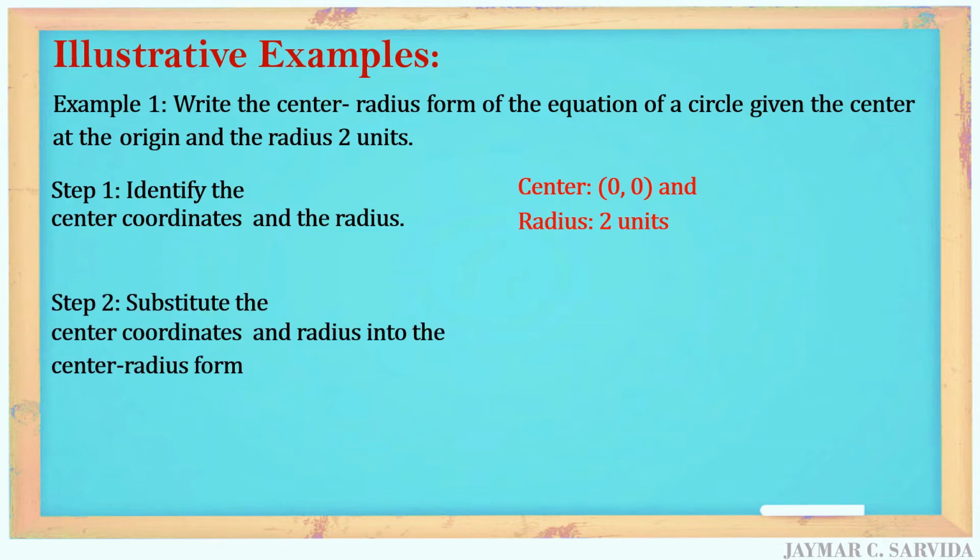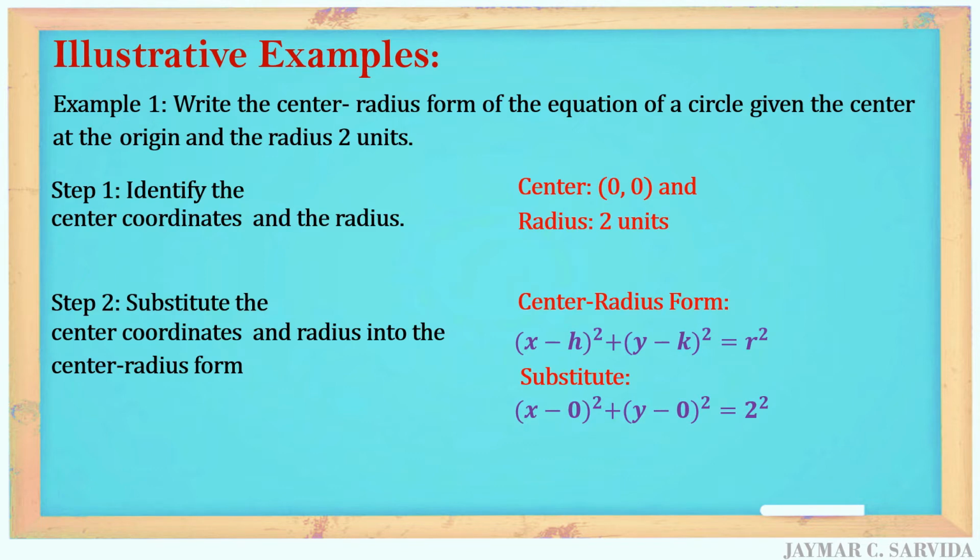Step 2, substitute the center coordinates and the radius into the center radius form. The center radius form is (x - h)² + (y - k)² = r². So let's substitute the given values into our center radius form.